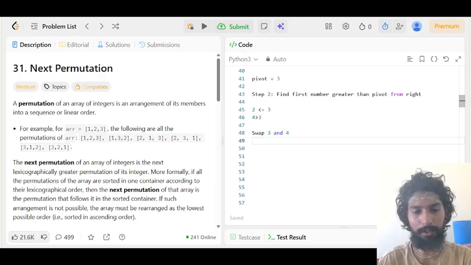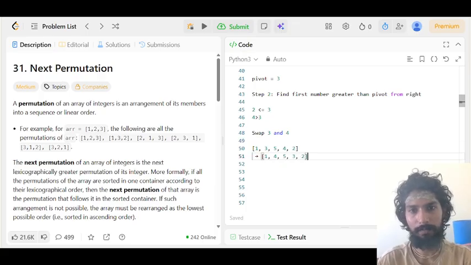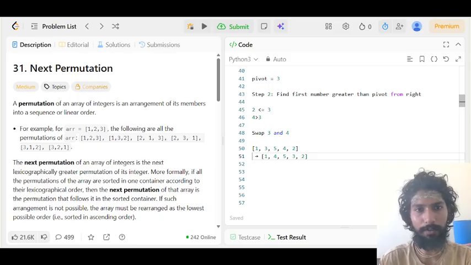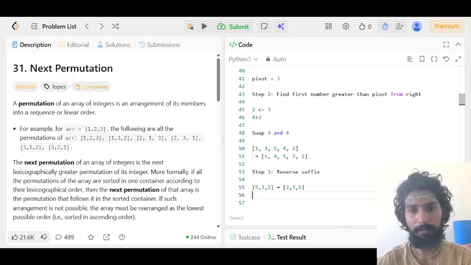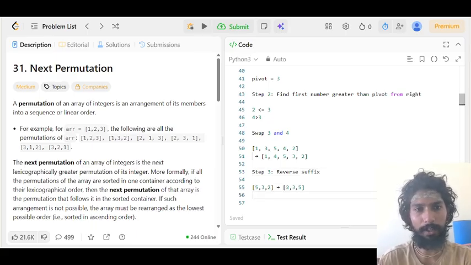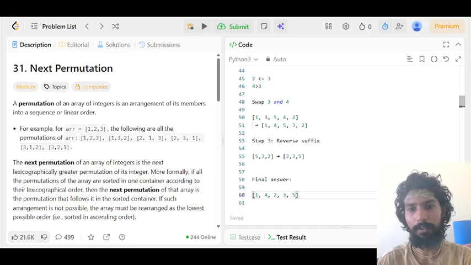So array becomes this. Now step 3 is reverse the suffix. So the suffix is our 532. We will reverse it and it will become 235 and thus our final answer becomes 14235. So it works for the example.